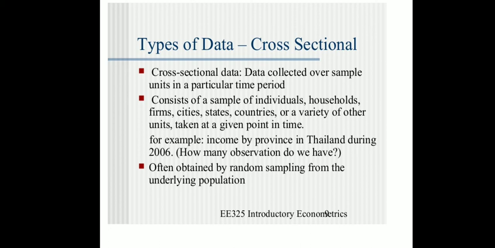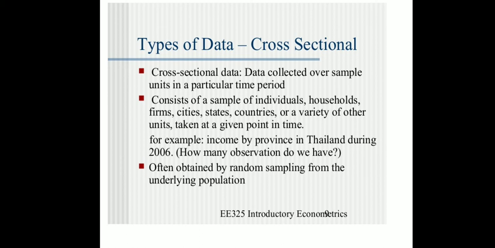Suppose you go to any village and select about 60 households. That is the sample units. That is cross section data, and you will collect data maybe on their income or number of employees in each household. It may be households, firms, cities, states or countries, etc.